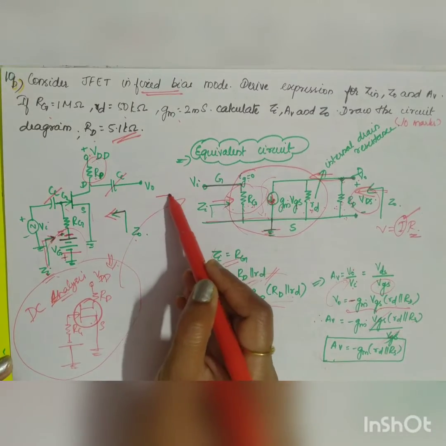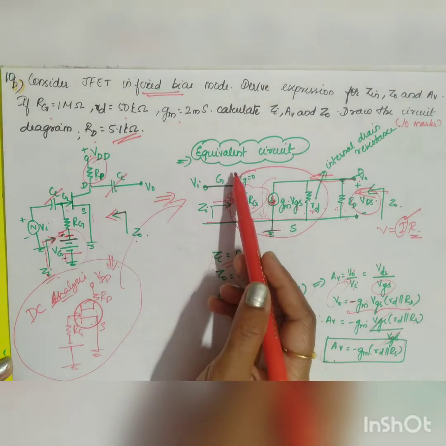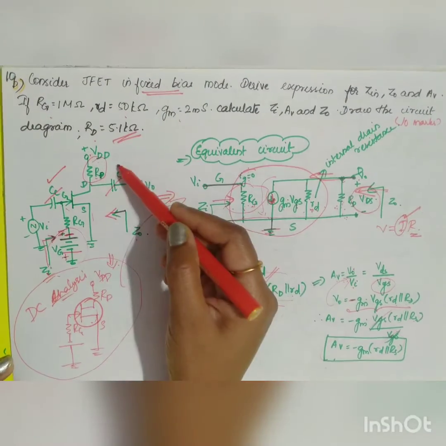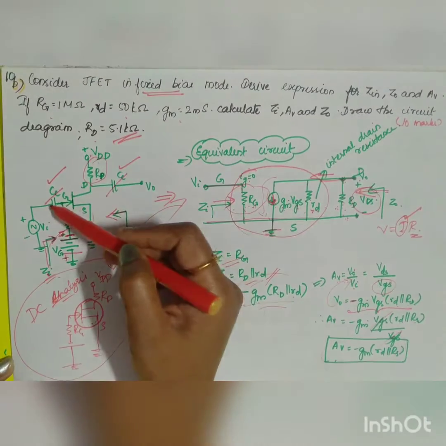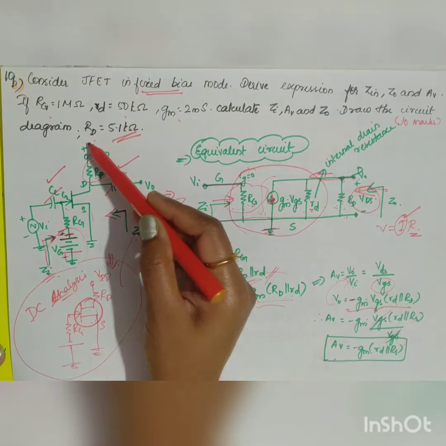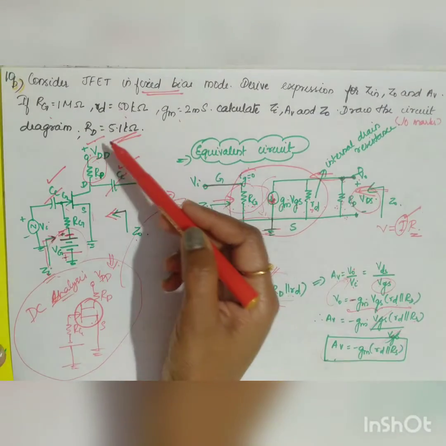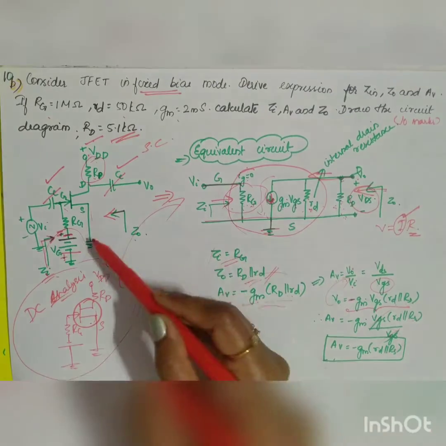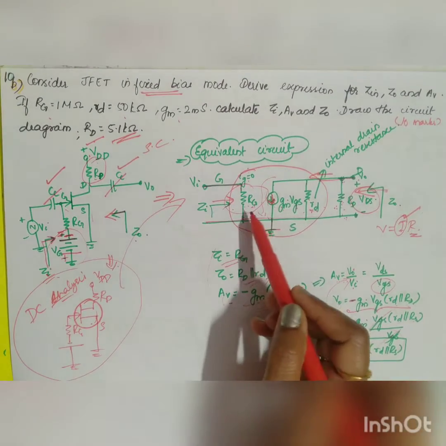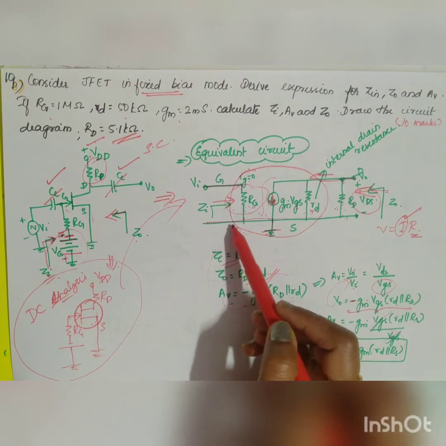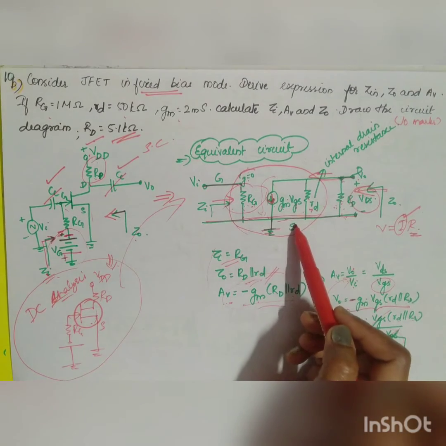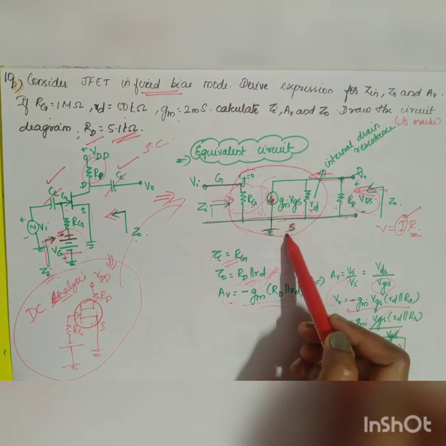Okay, so the same diagram I am going to replace by your AC equivalent circuit. In the AC equivalent circuit, what will happen? Your coupling capacitors, input coupling capacitor, output coupling capacitor, and your VDD, that is your DC supply, will be short circuited, right? Since it is a common source configuration, the source will be grounded.